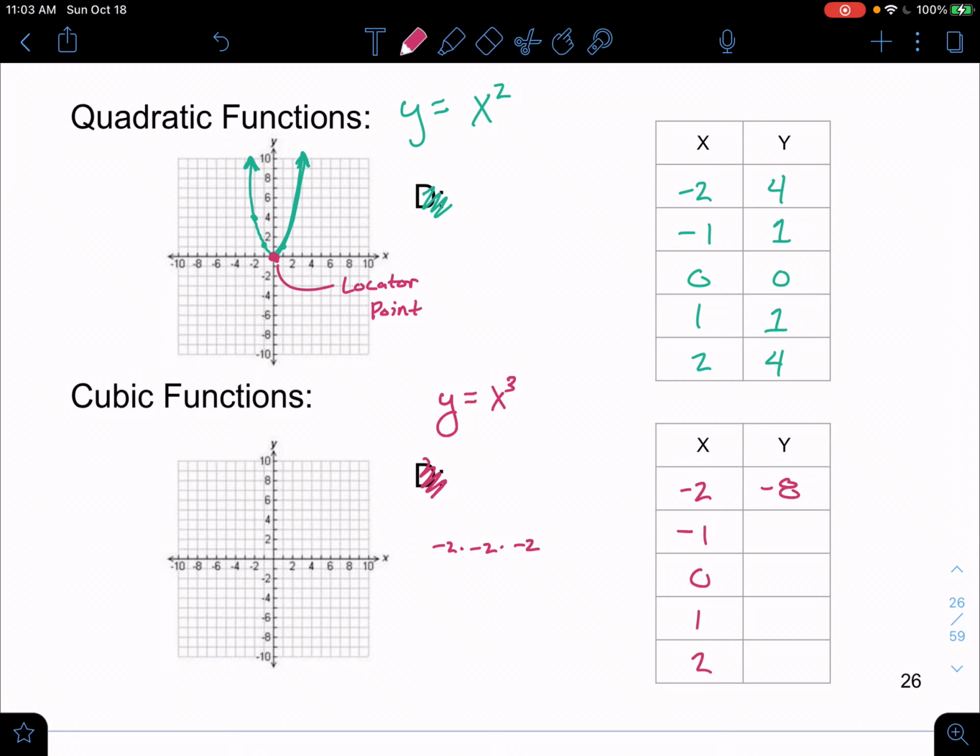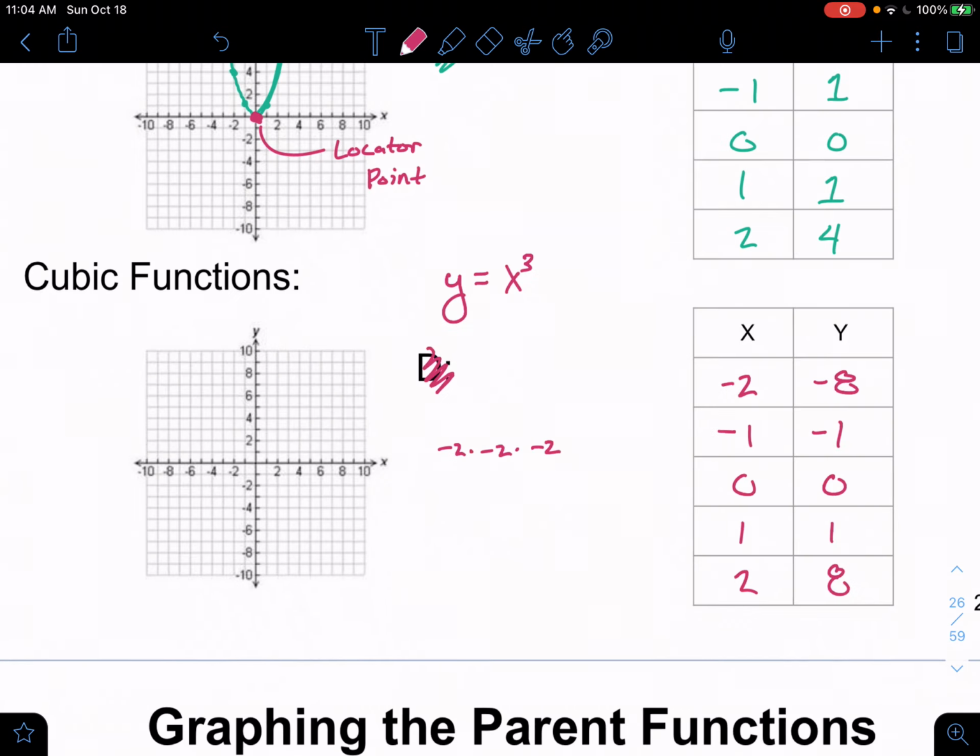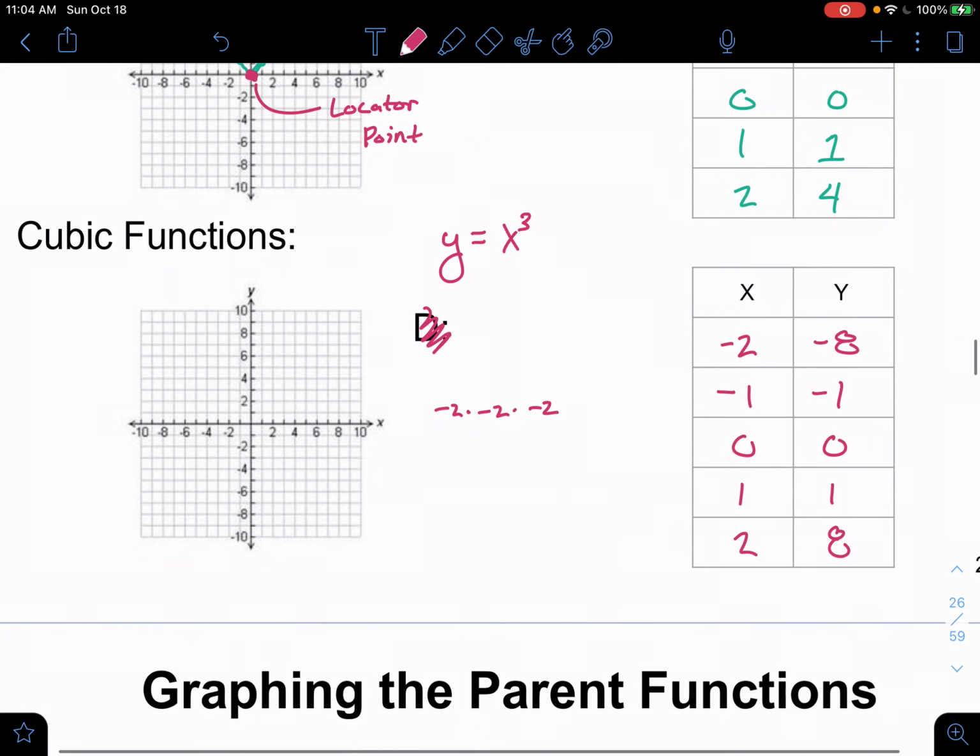If you cube a -1, it will be a -1. 0 cubed is 0. 1 to the third is 1. And 2 to the third is 8. So looking at our cubic function here now, -2, -8 will be our first one. -1, -1 is our second. Then we get 0, 0, 1, 1, and 2, 8.